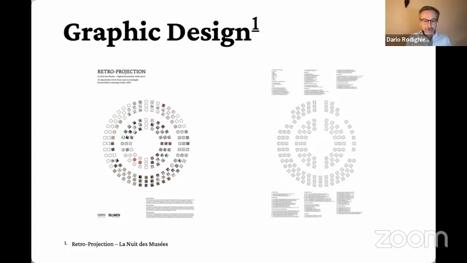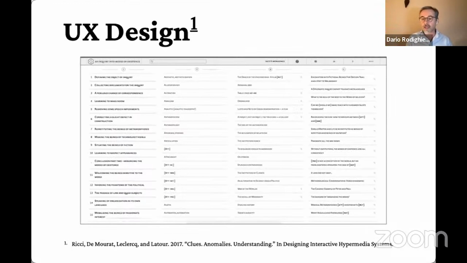From one point of view, I was very good in graphic design, but I was studying coding. So at a certain moment, I started working in UX design, and I practiced that when I was assistant researcher at the university.